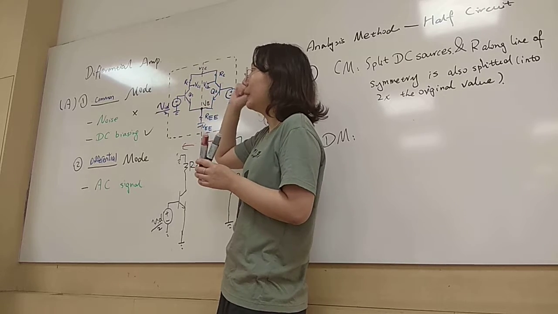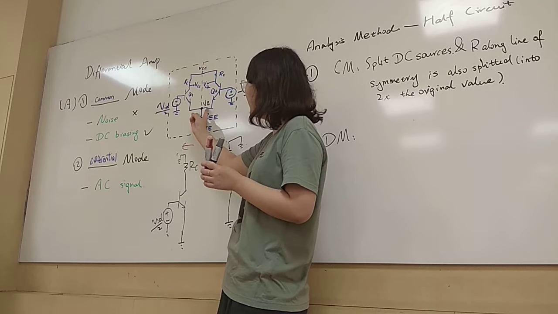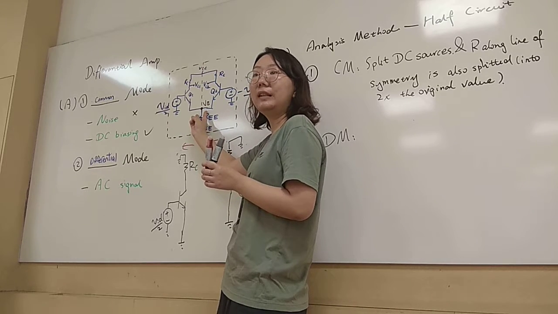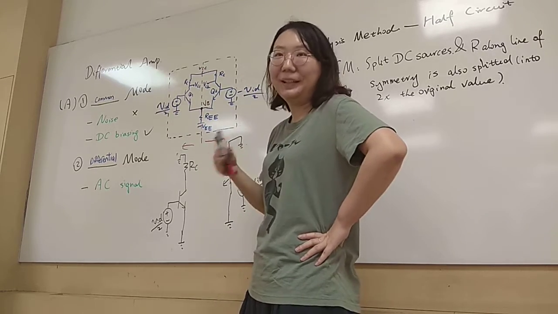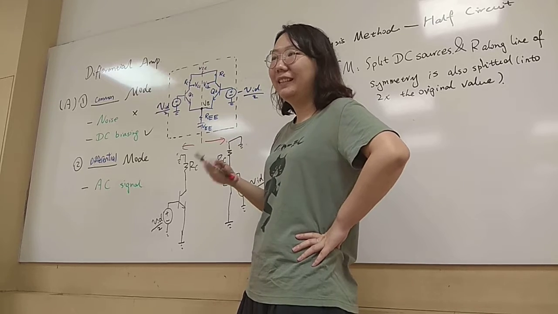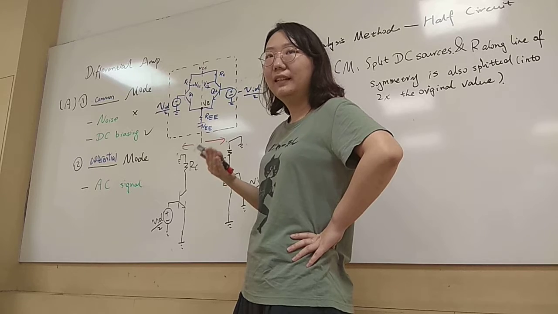Okay? So now the question becomes, why can I say these two currents are definitely the same? Because they are symmetrical. What do you mean by symmetrical? Both sides are the same. What do you mean both sides are the same? The input source is the same.